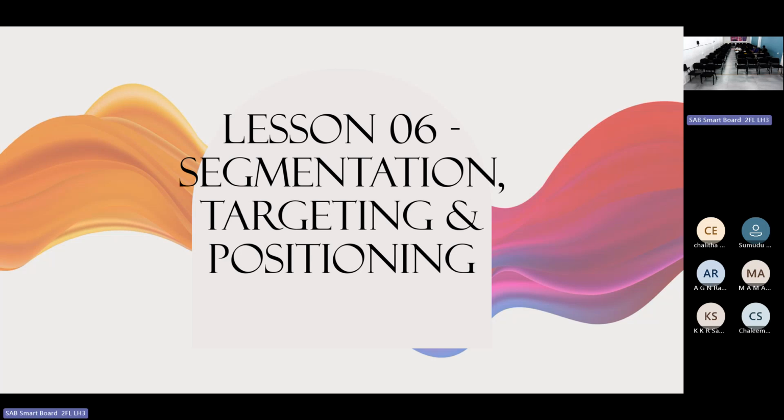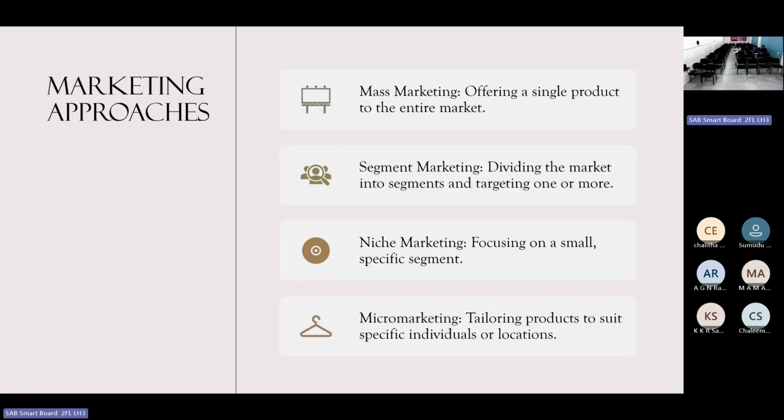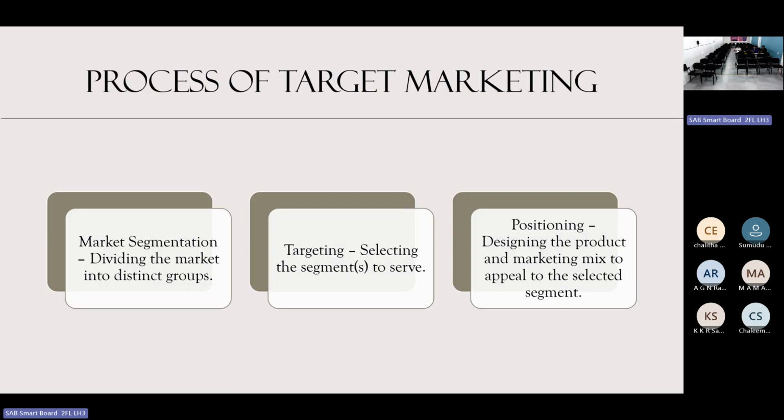It's one part of your group assignment. Once we have done the lesson, I will explain that activity. So here first we will be learning about marketing approaches. Then I will come to segmenting, targeting, positioning in that part.